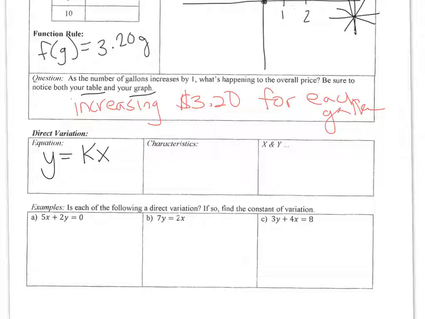So the characteristics are the y-intercept equals 0, and it's linear. The relationship between x and y is that k, the slope, is equal to y divided by x.